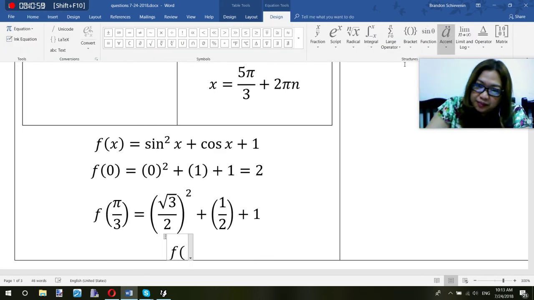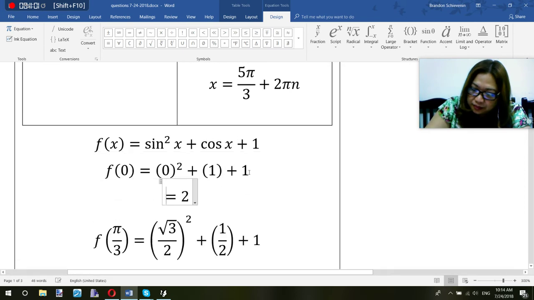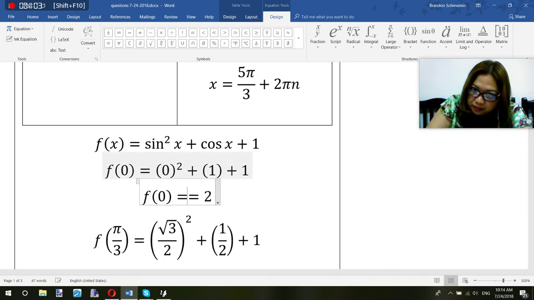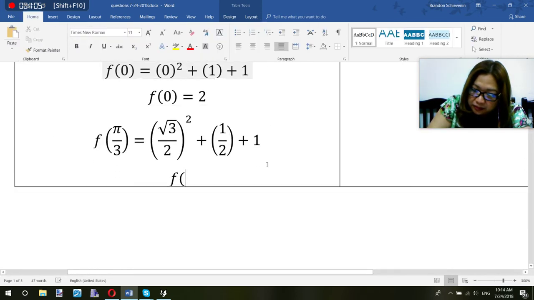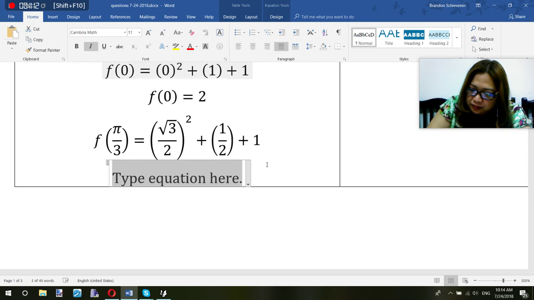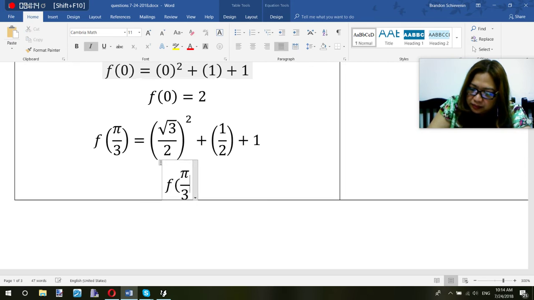Okay, so I'm going to add all this together. Let me backtrack a minute, I'll put that in. So my function at pi thirds is equal to, what happens if I square root 3 over 2?